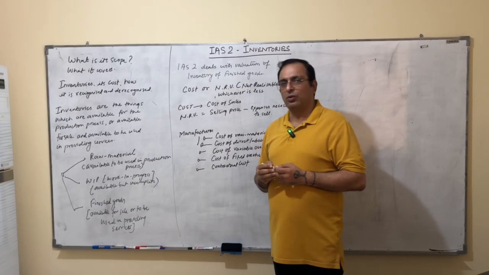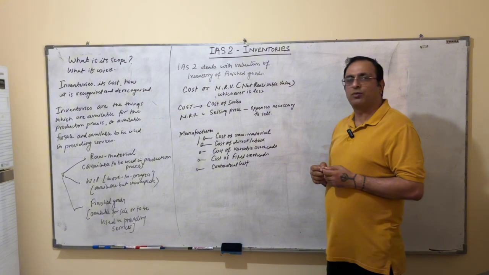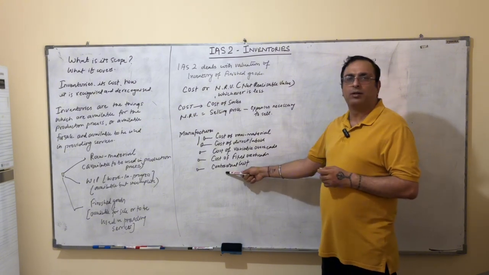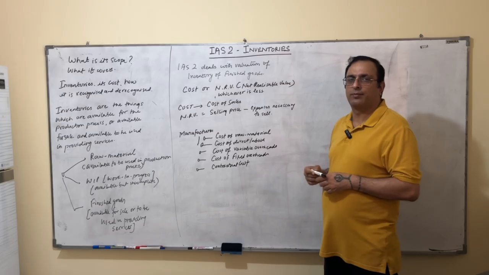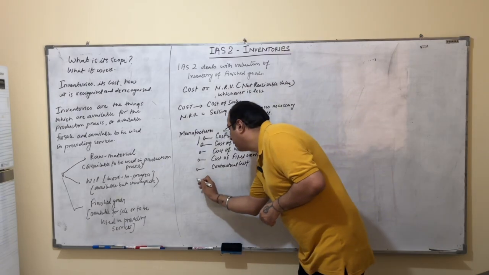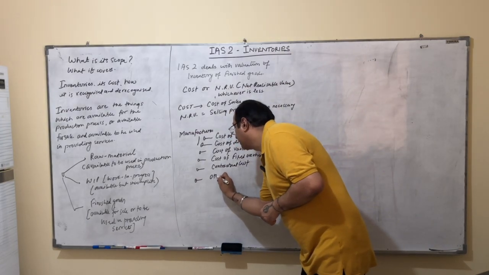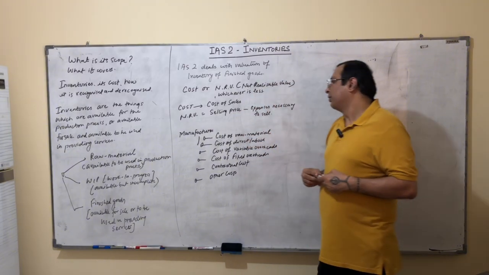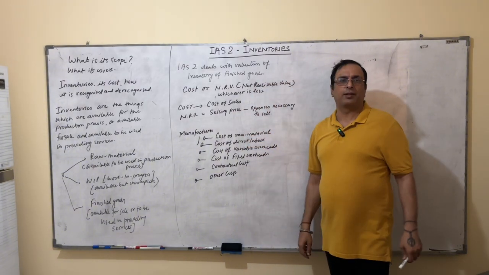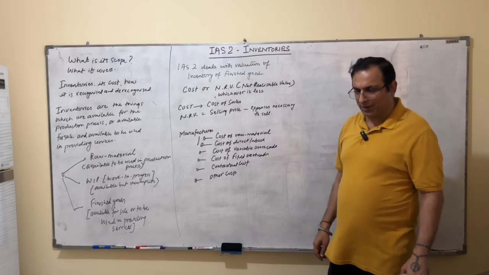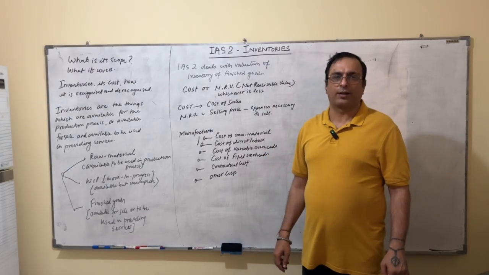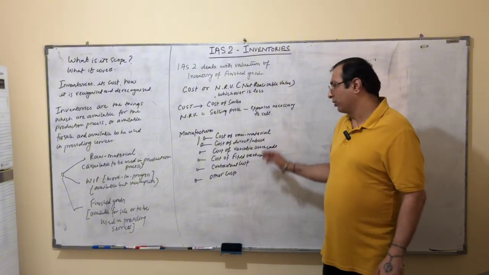The cost which I will pay to that vendor who provides me the glass will be my contractual cost. And in some cases, we have some other costs. If you remember, when I was doing journal entries, I told you that whenever I purchase anything, the cost incurred while purchasing, like transportation, etc., will be added to cost.